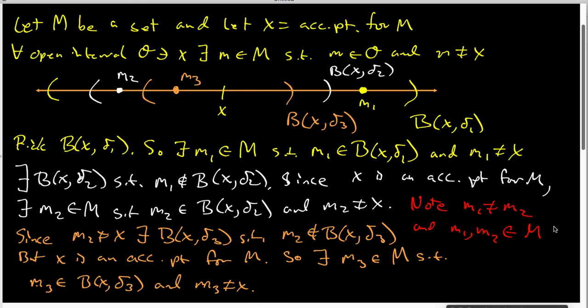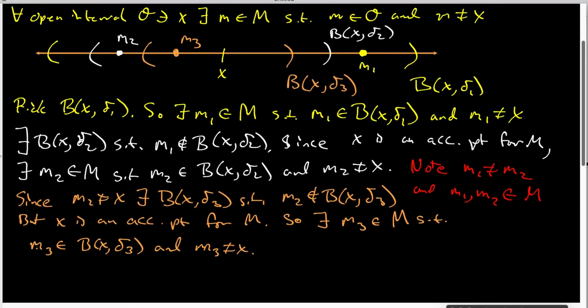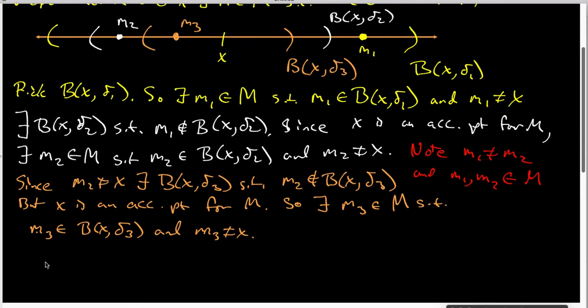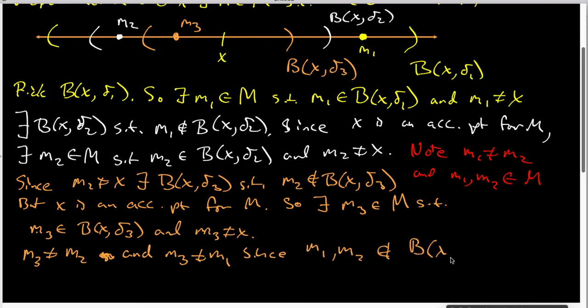But again, what I want to notice is from that picture, we know that M3 cannot be equal to M2, and M3 cannot be equal to M1, since M1 and M2 do not belong to this smaller delta ball.